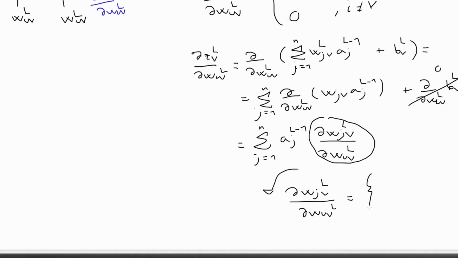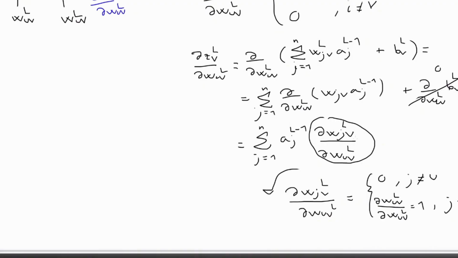If we talk about any other weight than w_uv^L, than the weight from neuron u to neuron v, we get 0 when j is not equal to u, and we get the partial derivative of weight w_uv^L with respect to weight w_uv^L, which is just 1 when j is equal to u. So if we go back to our sum, we see that this term becomes 0 when j is equal to any other value than u, and it becomes 1 when j is equal to u.